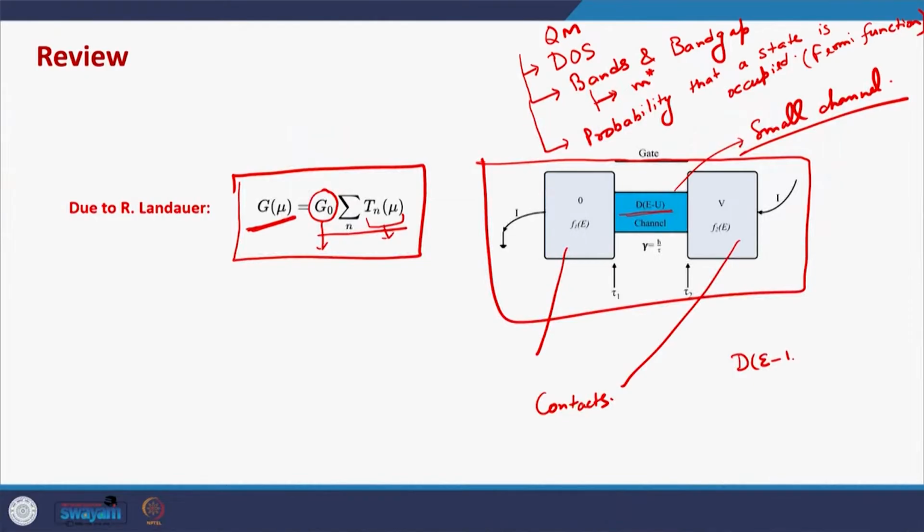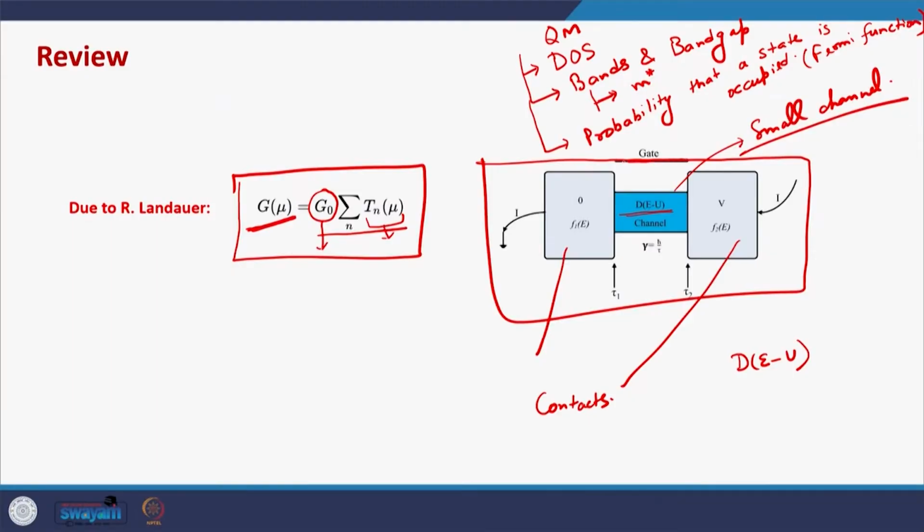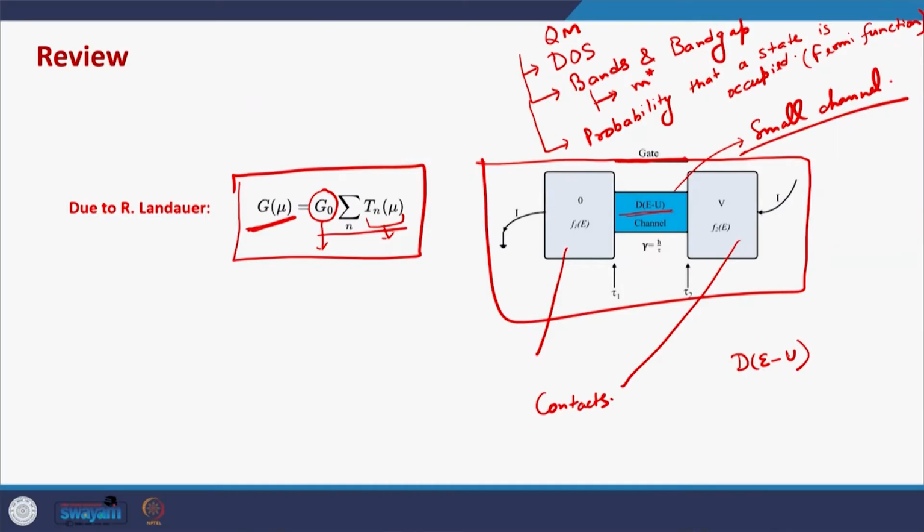In addition to that, there might be various interactions that the electron might be undergoing. So, when an electron travels through a device, it might interact with other electrons. In addition to that, we might have a gate like structure where we can apply a voltage and produce an electric field in the channel, and that will modify the potential energy of the electron.